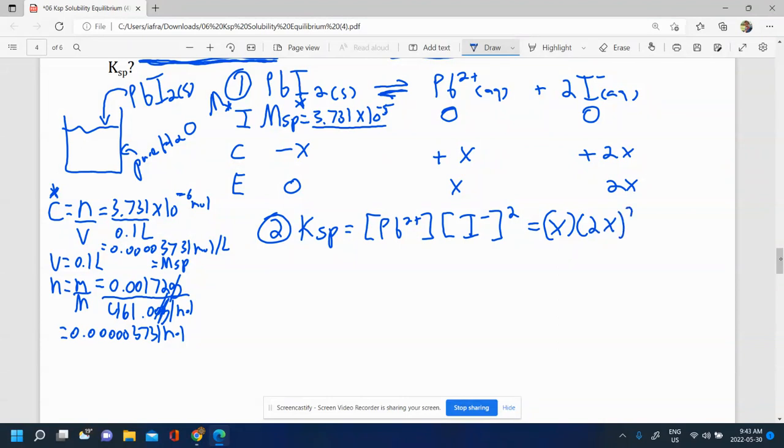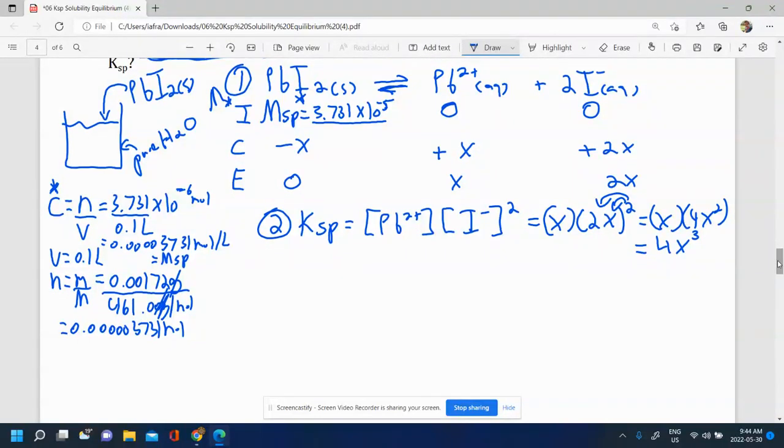But don't forget that is squared. So that's going to be X times 2 squared, which is 4, and then X squared. So 4X squared times X is 4X to the power of 3, 4X cubed. And so all we really need to do is plug in our X value into that to find the KSP.